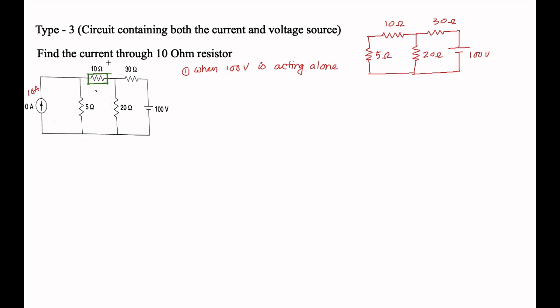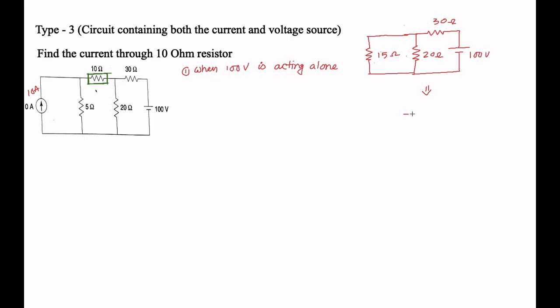Now 10 and 5 are in series, so we can simplify this in such a way that 5 and 10 become in series. Add them and this becomes 15 ohm, we write it as 10 plus 5 equals 15 ohm. Again you have to re-simplify it. So 15 and 20 are in parallel.